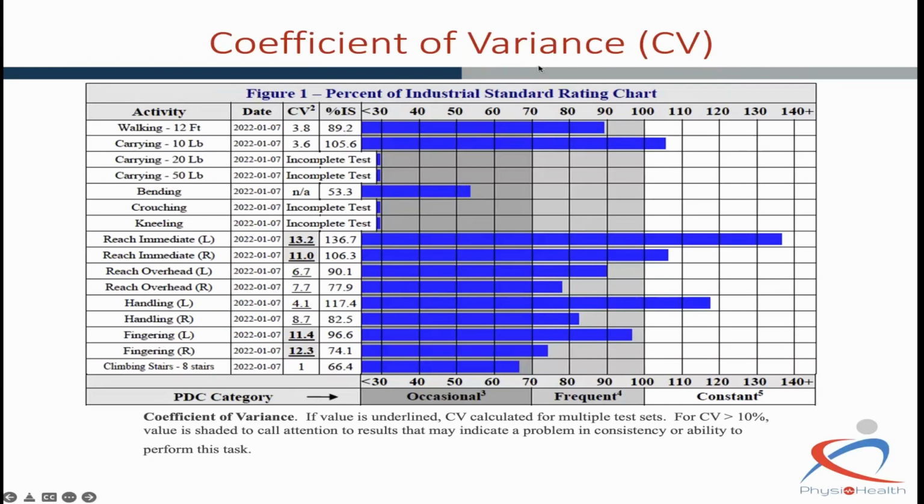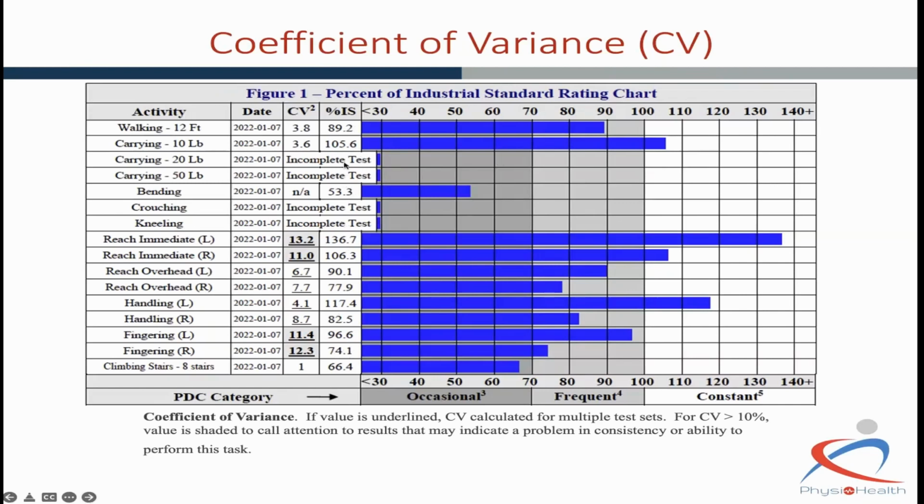So 100 would mean this person meets the industrial standard of that movement. So for walking, 100% would be industrial standard. Mr. DeGrasse performed at 90%, which is pretty good. I mean, we don't expect everybody to perform at 100% of the industrial standard. In some cases, he went over 100%, but in other cases, he did below the industrial standard here, and then there was a little bit here below.